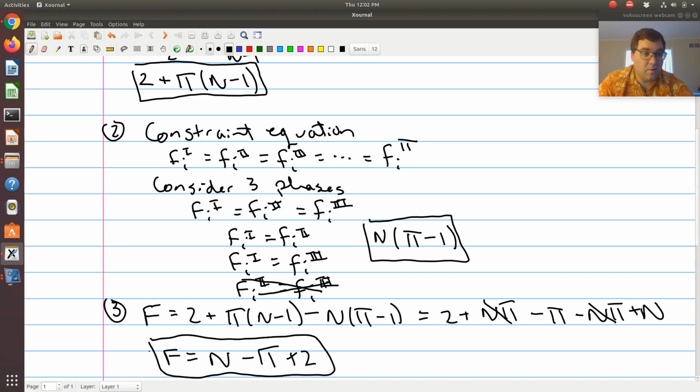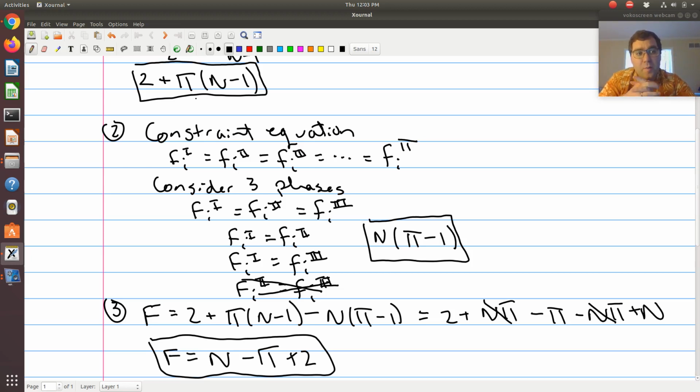So all it is is a degree of freedom balance where I write down the total number of variables that I need to describe each phase. So temperature and pressure, which is common in all pi phases, plus I need n minus 1 mole fractions to specify the composition of each of those phases. That gives me 2 plus pi times n minus 1 variables needed to specify those phases. But then I have constraint equations in the form of my isofugacity expressions.